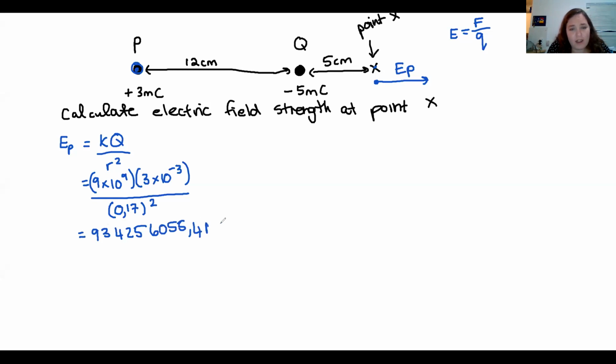I leave it all in and I write newtons per coulomb. And then I remind myself that if there was a positive charge at point X, remember X is not a charge, it's just a point, the electric field at that point would be away from P. So I'm going to say here to the right.